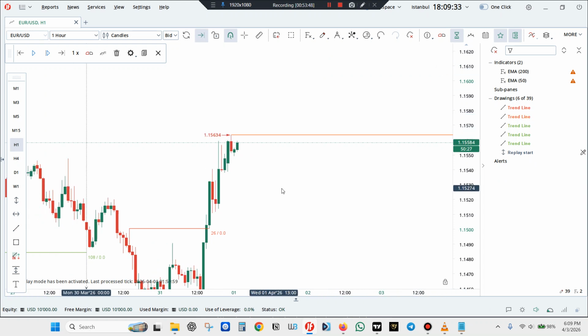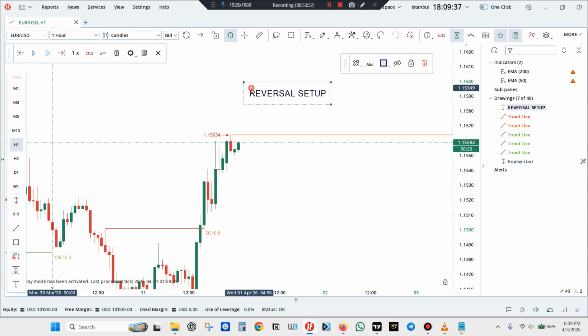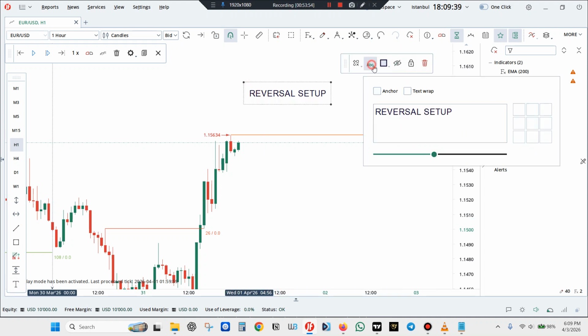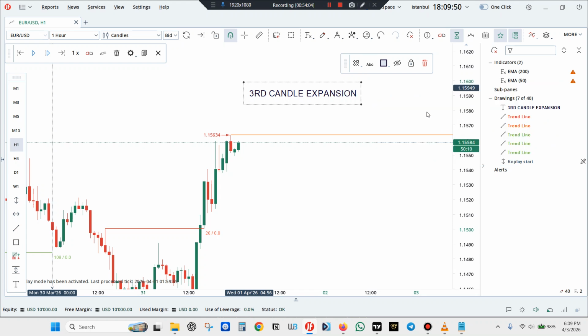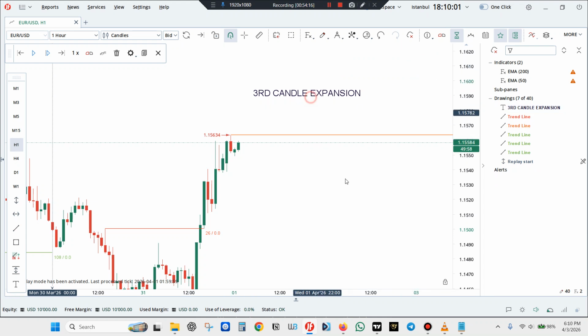Yes. We can only trade that third candle expansion if we see one thing: if we see our bias aligning.